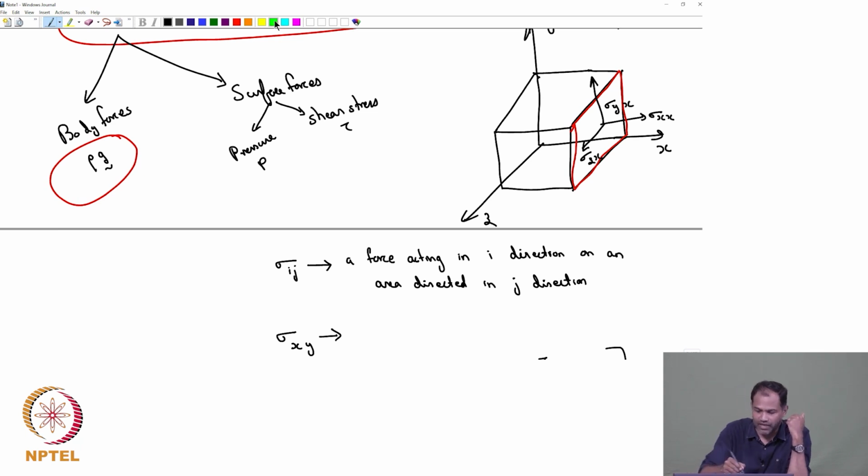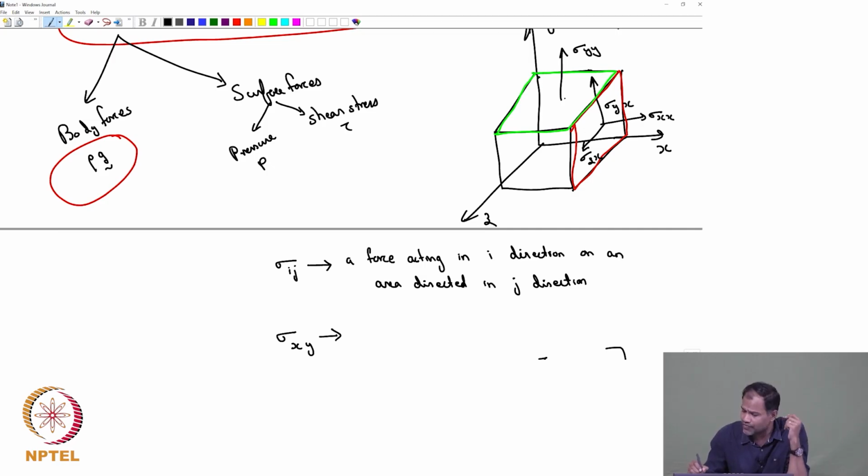Similarly, if I consider another point, let us say on this plane, that is a plane that is perpendicular to y. So, if I define a sigma yy, that will be a force that is acting in y direction on the area y.